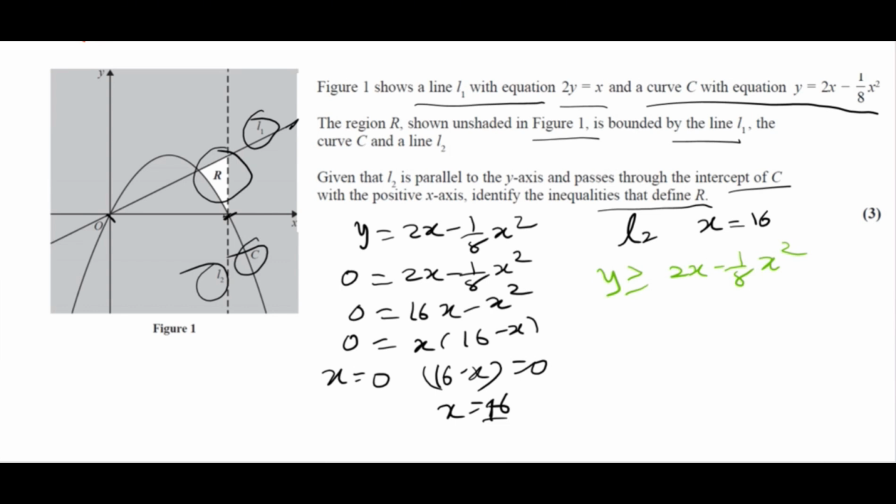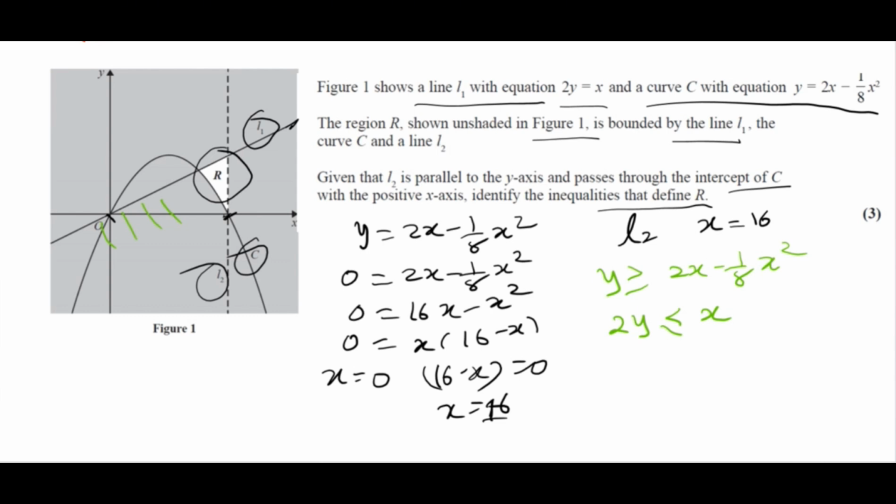What about the other line, L1? As you can see, this is the part below L1. So for that I can write 2y less than or equal to x. So this is another inequality, because it's a below line, that means a less than inequality. For the third line, equation x is equal to 16.